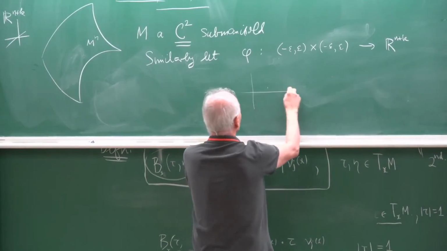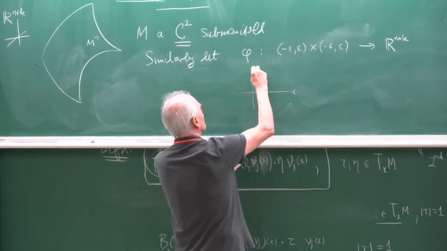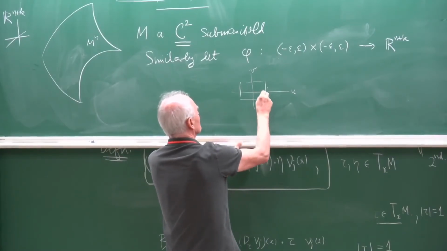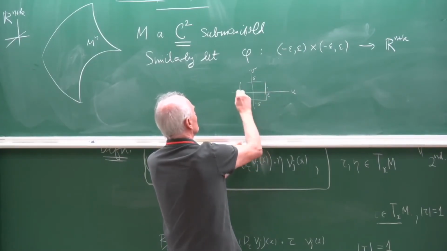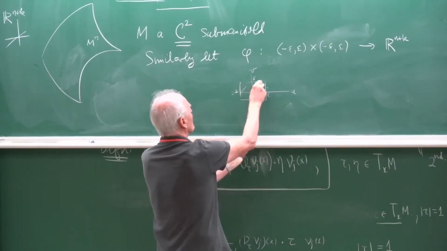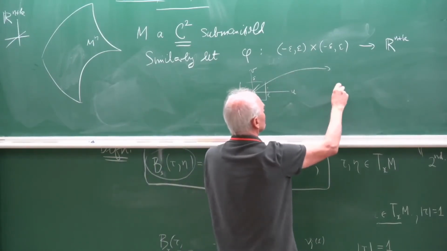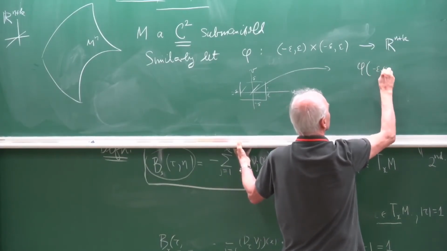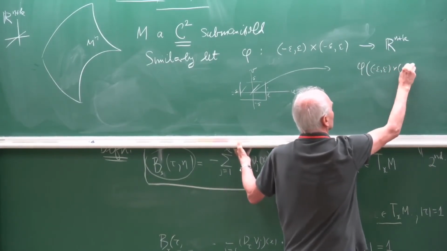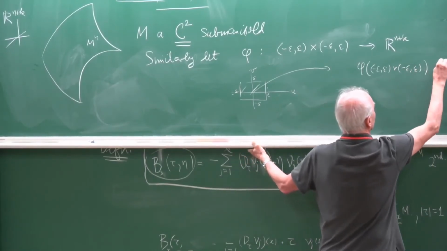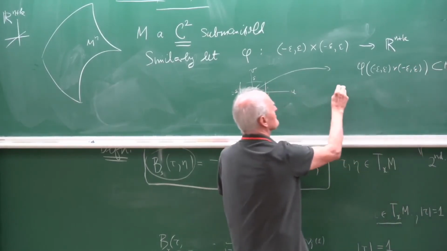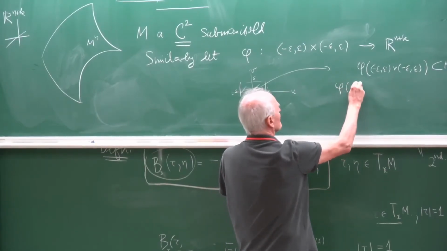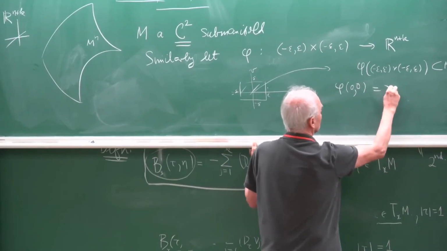We've got two variables, let's call them u and v. So phi is taking this little square and mapping it into the manifold. So we require that phi of minus epsilon epsilon squared is contained in M, similar conditions to the curve case, and we want phi at (0,0) to be equal to the given point x.